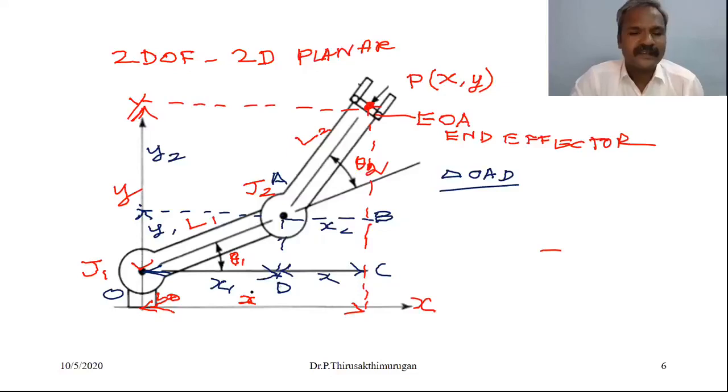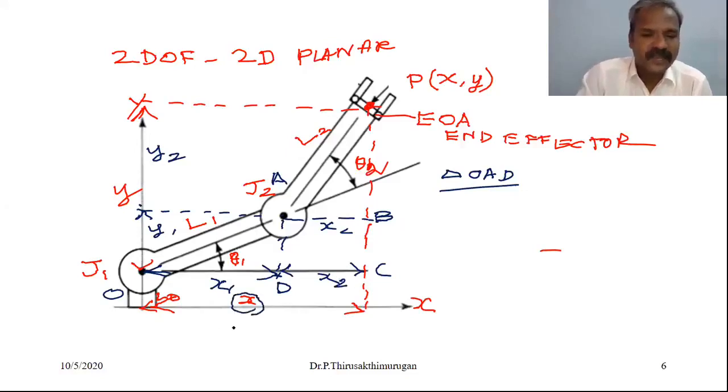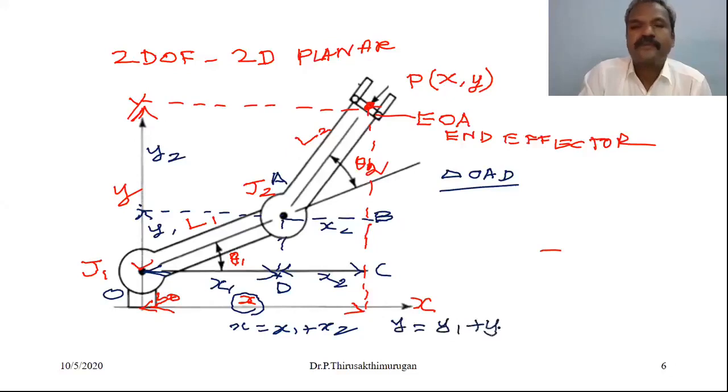What is x1? So x1 and y1. Then similarly x2 and y2. This is x2, this is x. So x is nothing but x1 plus x2. Similarly, y is nothing but y1 plus y2.